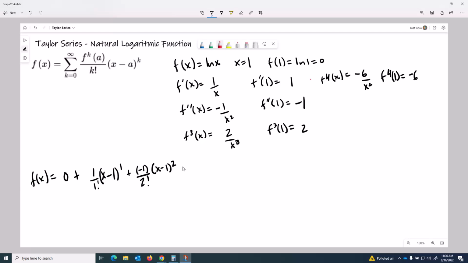Now notice that if we plug in the third derivative, which is 2, it's 2 divided by 3 factorial times x minus 1 cubed, and then we have the fourth derivative at 1, which was negative 6 over 4 factorial.